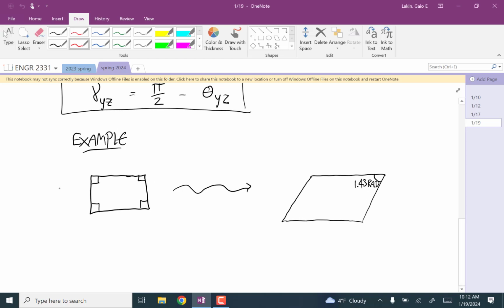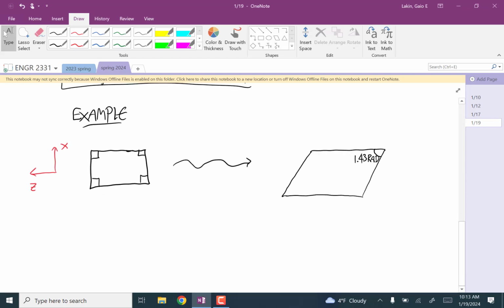Okay, but we're going to say this isn't in the XY plane. We're going to say this is in the, what do I have here? X is this way, Z is this way. Okay, so everything's like topsy-turvy. And we want to calculate gamma XZ.